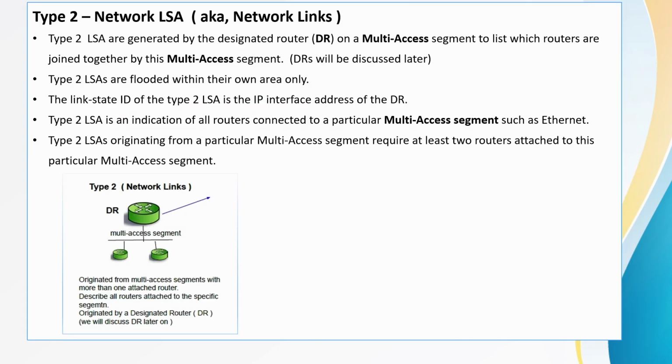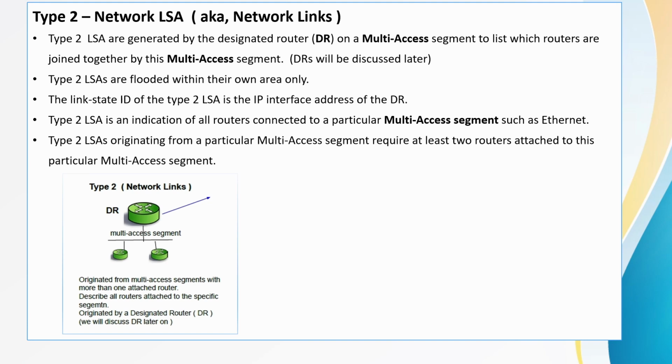Okay, next is type 2. OSPF LSA type 2. Name is network LSA, also known as network links. Type 2 LSAs are generated by the designated router, acronym DR, on a multi-access segment to list which routers are joined together by that multi-access segment. DRs will be discussed later.